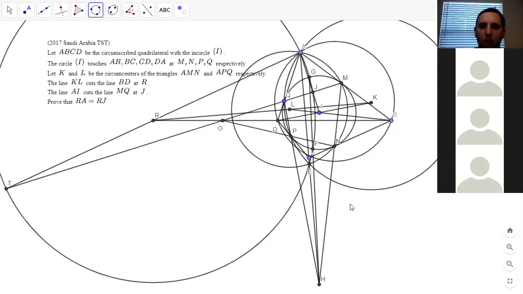It's like if we drew this point and showed it was on the polar. Maybe we could use projective geometry.